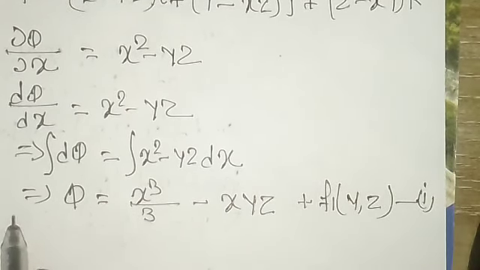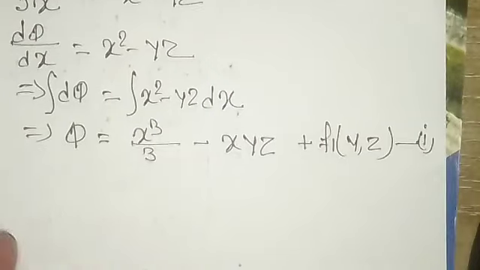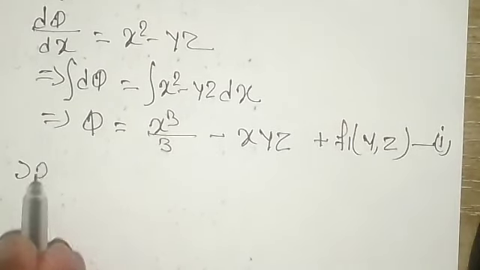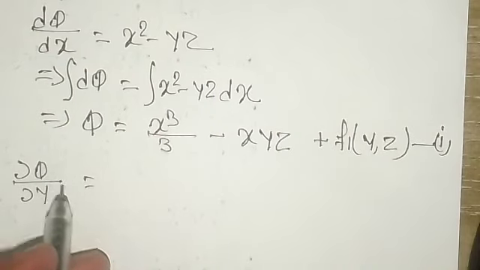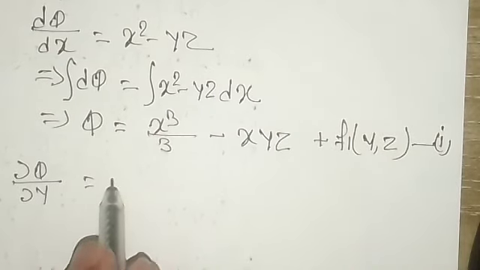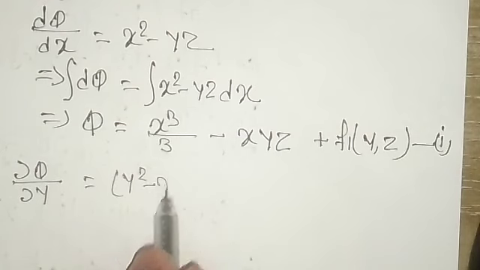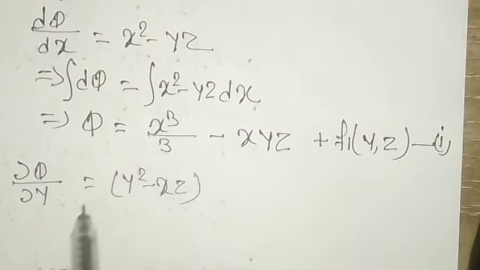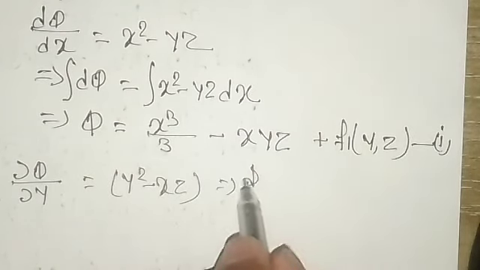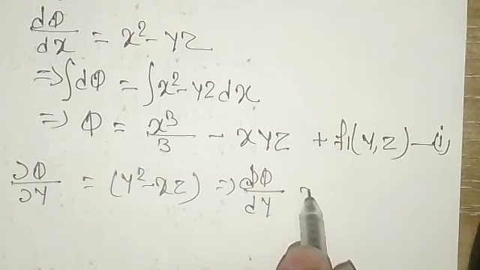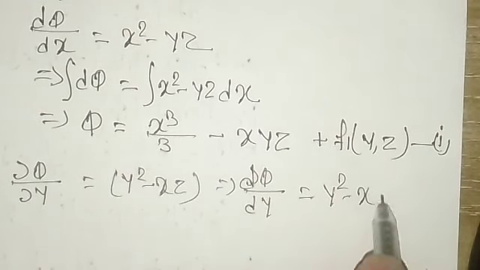Similarly, you can go for ∂φ/∂y, right? So we can say ∂φ/∂y is equal to what? The j coefficient is y² minus xz, right? So here itself I can write dφ/dy is equal to y² minus xz.